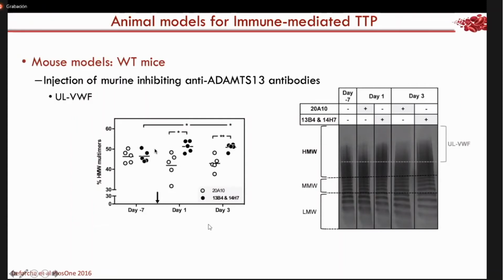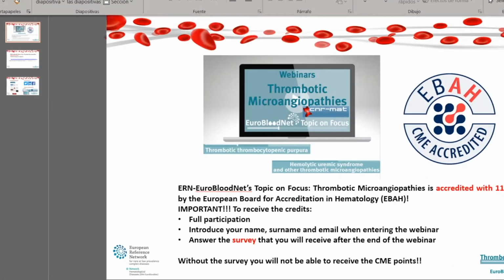Before injection of the antibodies, the multimers are of course the same, but once you inject the antibodies at day 1 and day 2, you see an increase in the percentage of high molecular weight multimers when we inhibit ADAMTS13 function, the closed circles, but not when we inject the control antibody, the open circles.